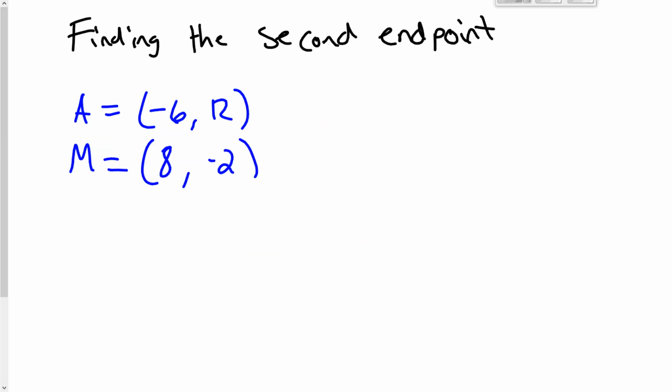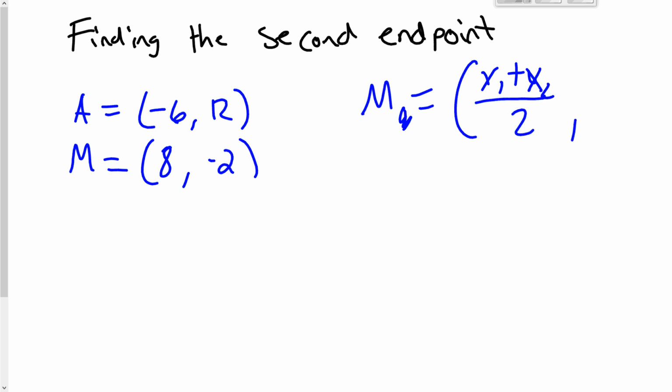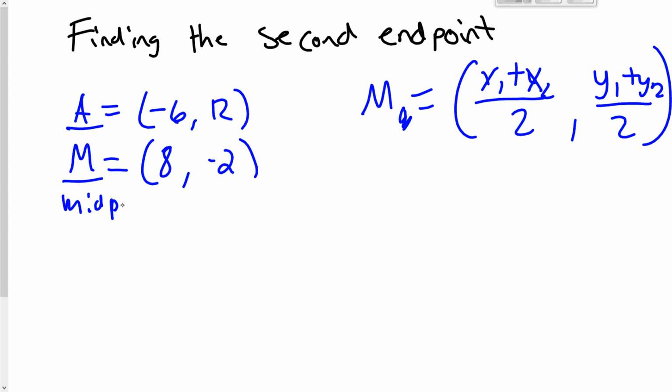Okay, moving on, finding the endpoint. So this is using the midpoint formula, which is equal to the average of your x's, and then it's a midpoint, right? So it's a point, so this is the average of your x's and the average of your y's. Okay. So here you're given one point A, and then you're given this one is your midpoint.